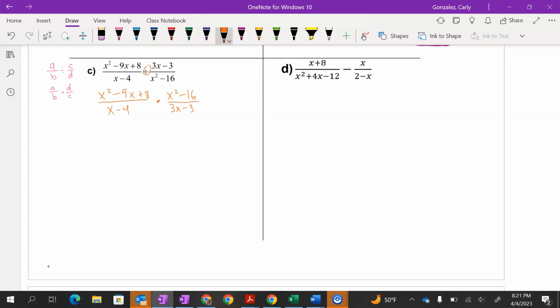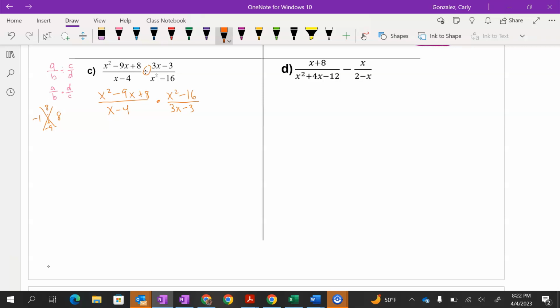On the top left, we see it's a trinomial because there are 3 terms, and there's no coefficient other than 1 in front of the x squared. So we're simply looking for 2 numbers that multiply to c and add to b. So what multiplies to 8 and adds to negative 9. So 1 and 8 multiply to 8, but they don't add to -9.